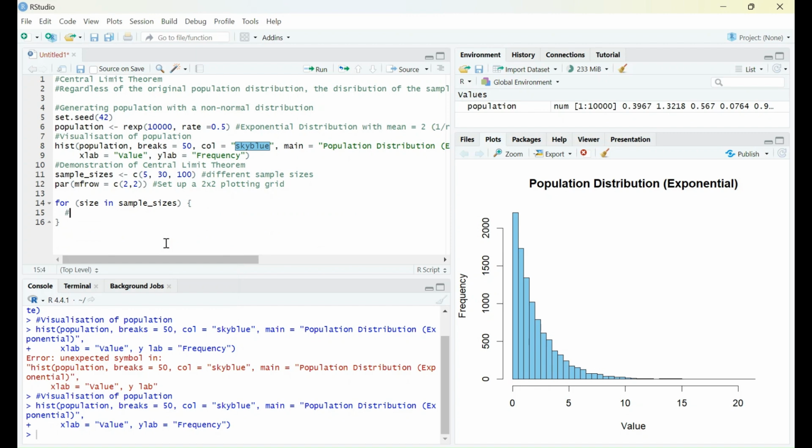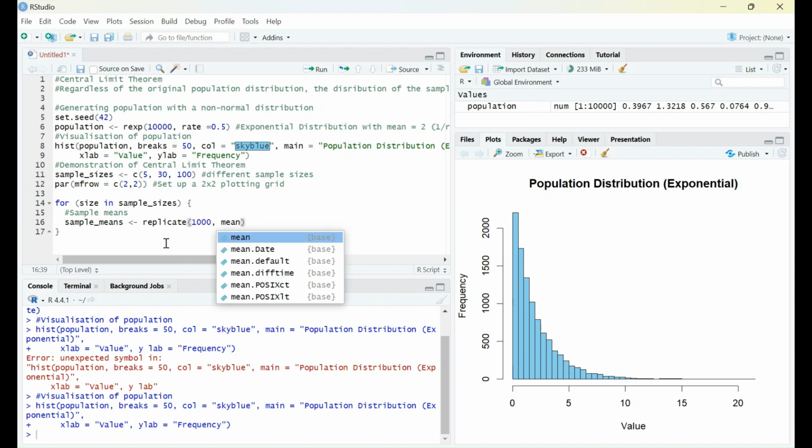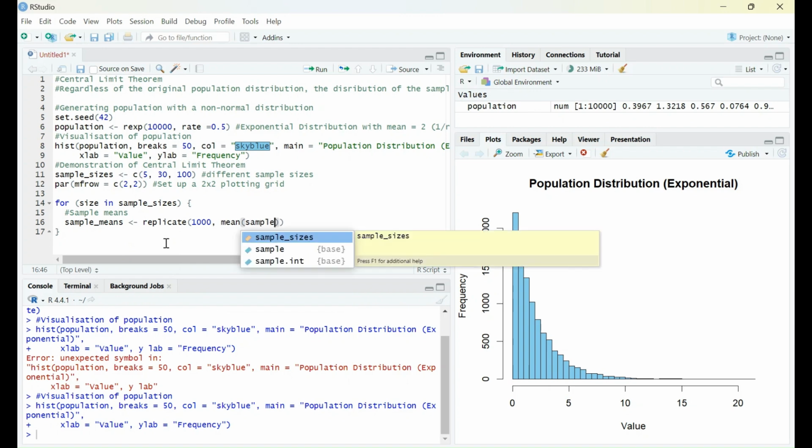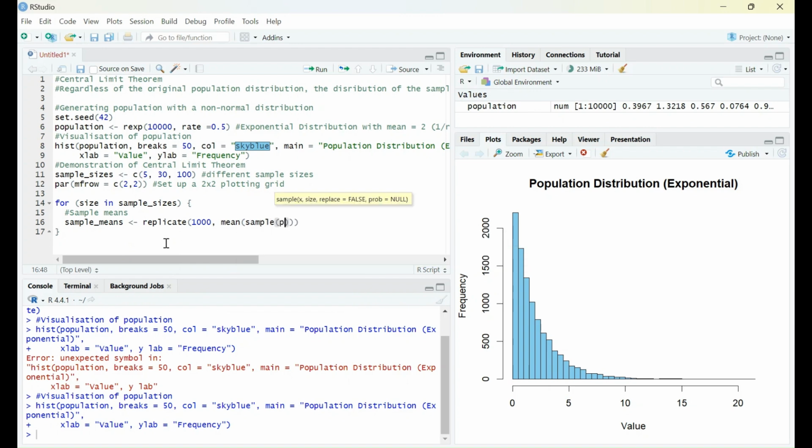well, here we are generating sample means. Sample means, 1000 mean, sample, population, size.